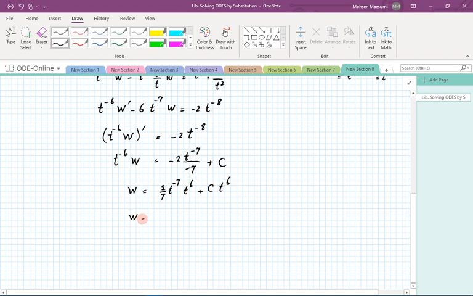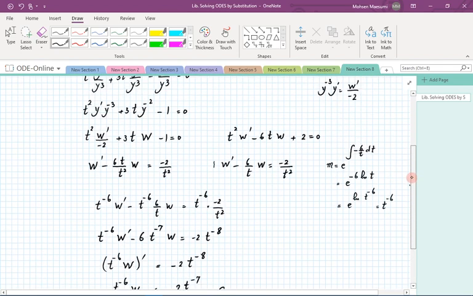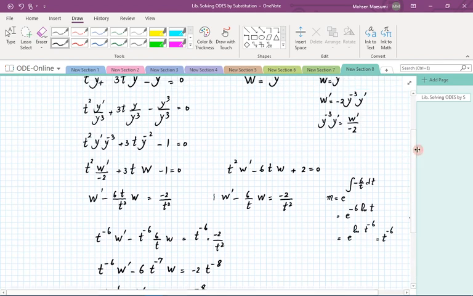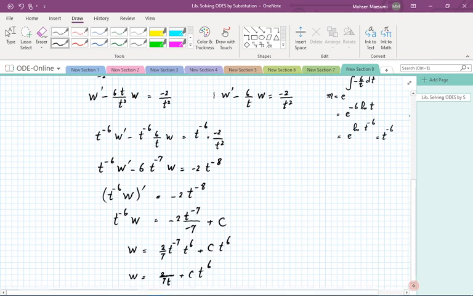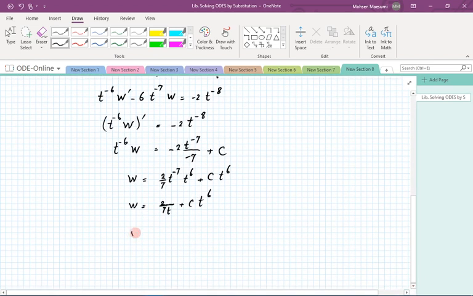So w became 2 over 7 t plus c t to power of 6. Okay, what was w? Remember, w was y to power of minus 2. So we go back and try to find y itself. So y to power of minus 2 is 2 over 7t plus ct to the power of 6.